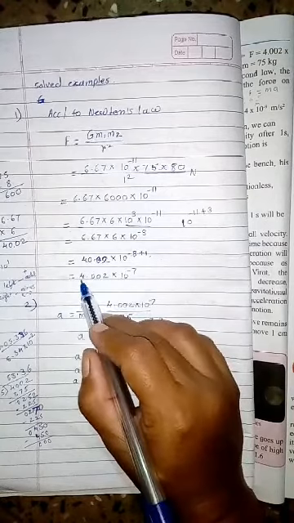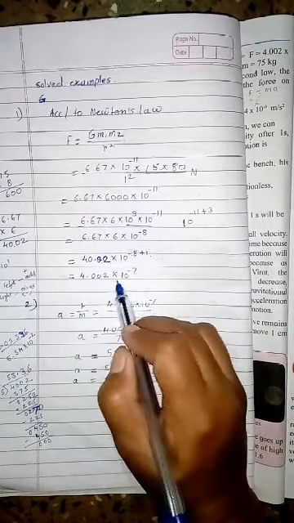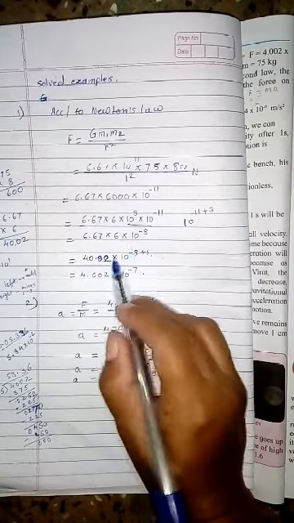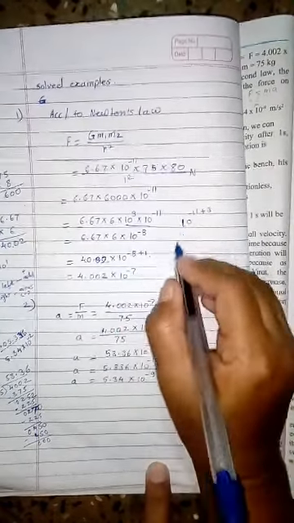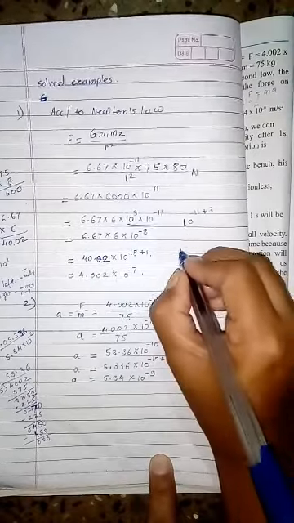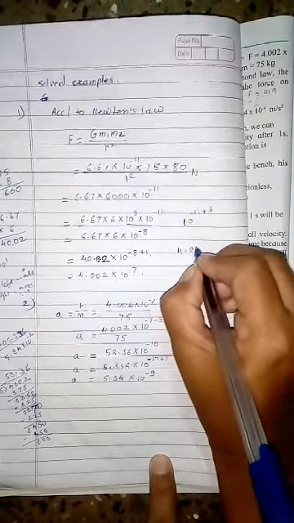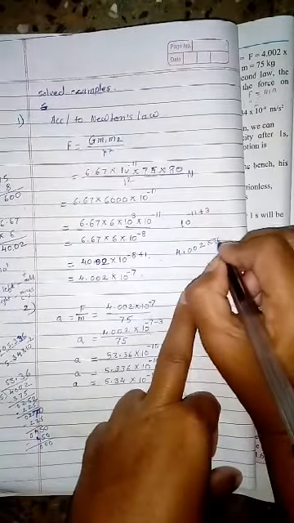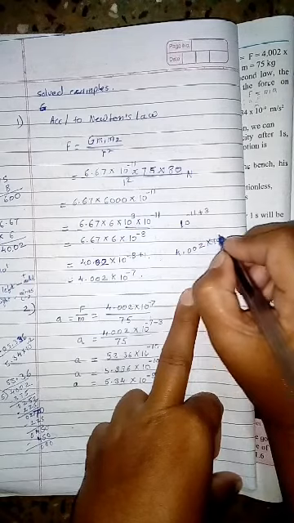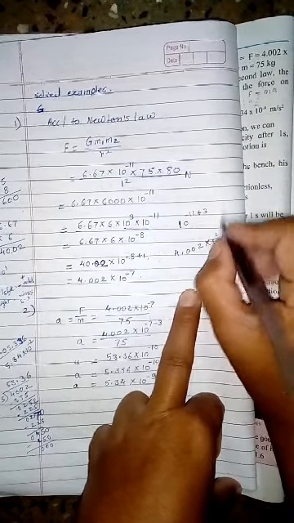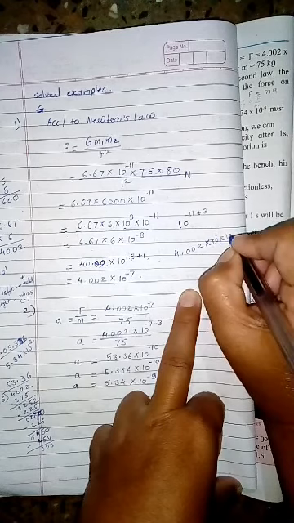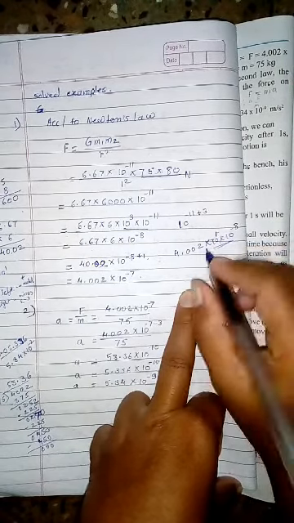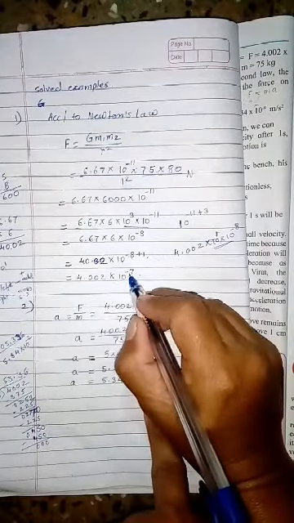Then we get the answer 4.002 × 10^-7. We can also write this value like this: 4.002 × 10^1 multiplied by 10^-8, and if we solve this we get minus 7.